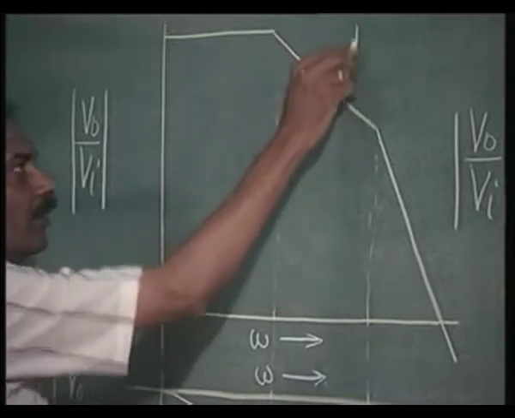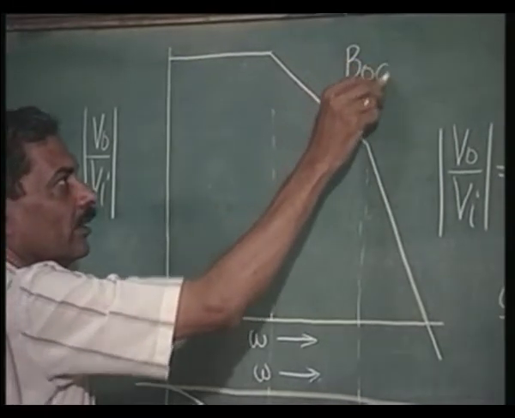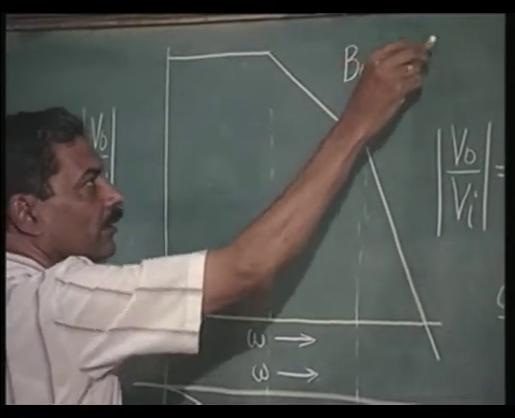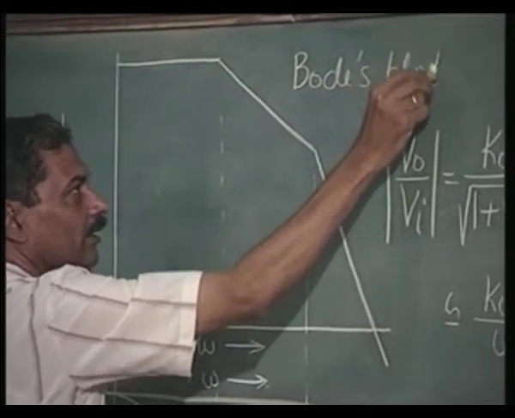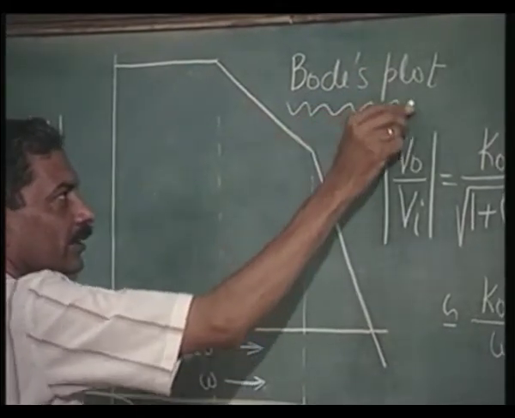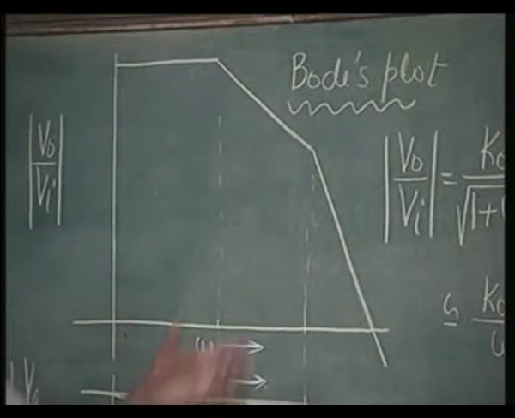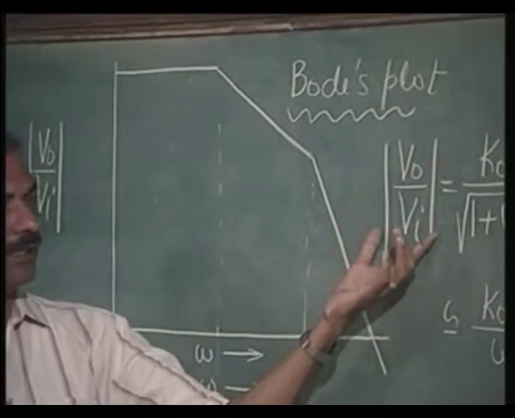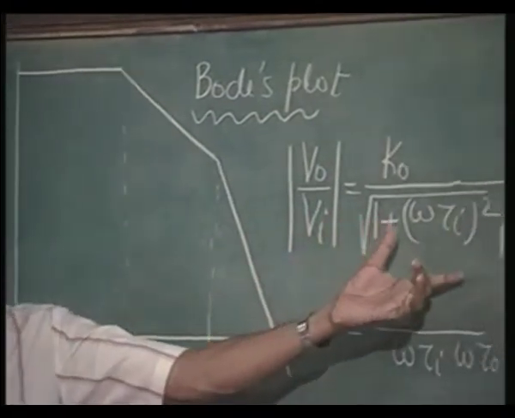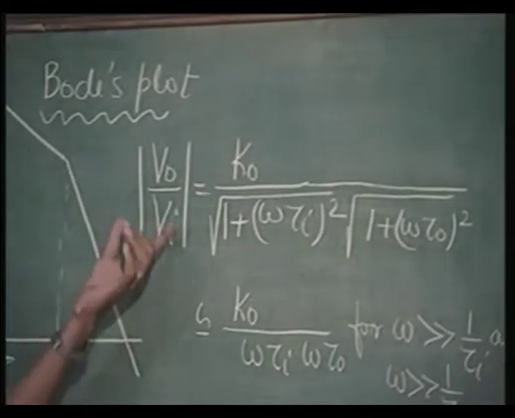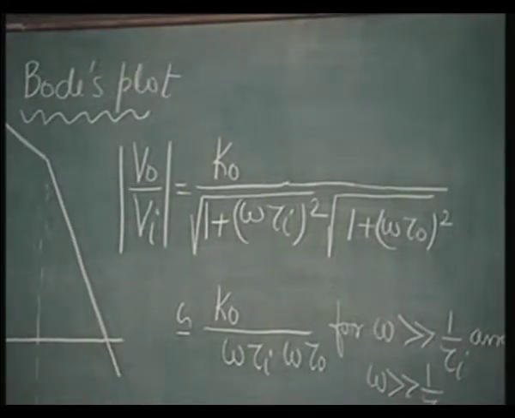This is popularly known as Bode's plot. You must have come across this in your controls. However, it is nothing but magnitude of V naught over Vi plotted as a function of omega, and phase of V naught over Vi plotted as a function of omega.